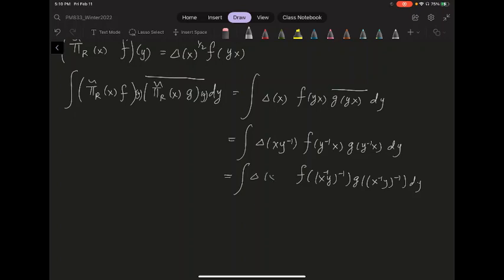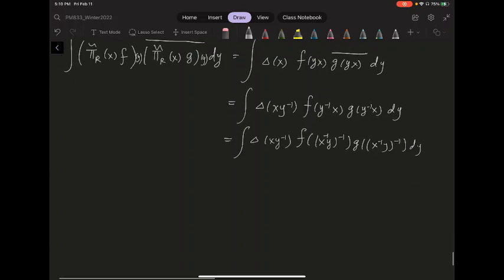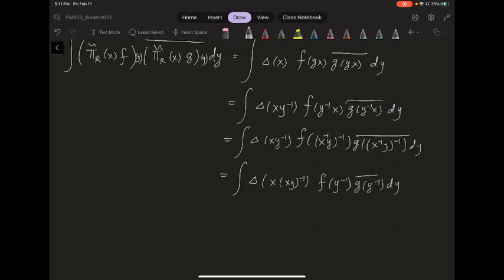And then you have a Δ(xy⁻¹). Now you can do the left translation by x, so you can translate all the y by xy. So this is the integral of Δ, here is xy inverse, and then f of y inverse, and then g of y inverse dy. Okay, I missed the bar always.